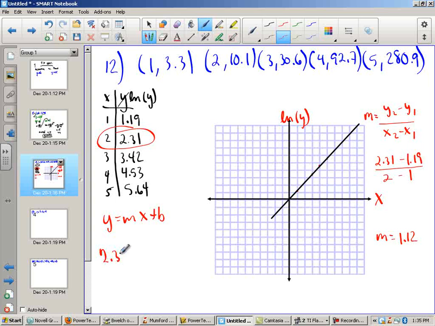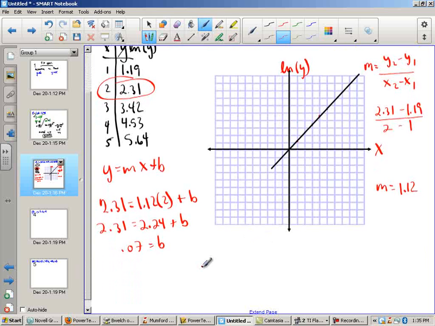So 2.31 equals 1.12 times 2 plus b. And this is going to be 2.31 equals 2.24 plus b. If I subtract the 2.24, I'm going to get 0.07 equals b. This isn't very much. It's a very tiny number.